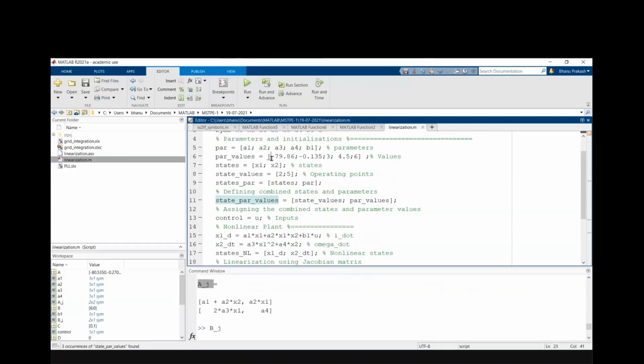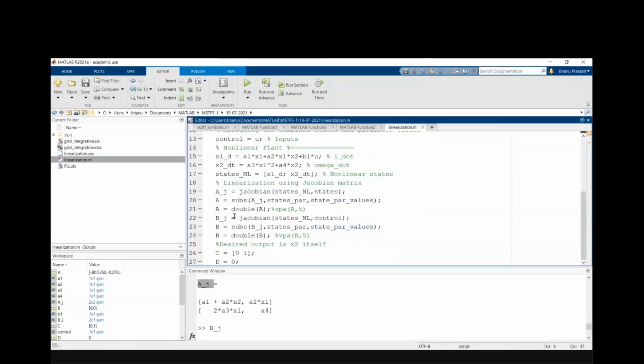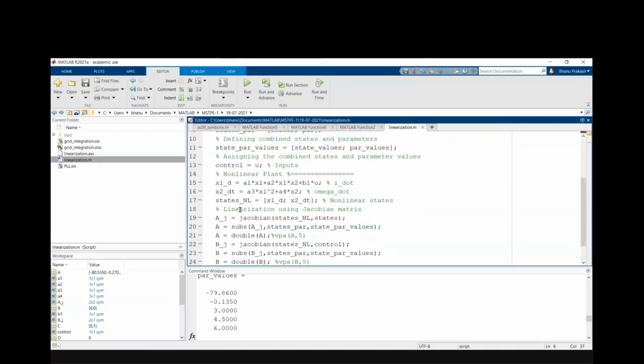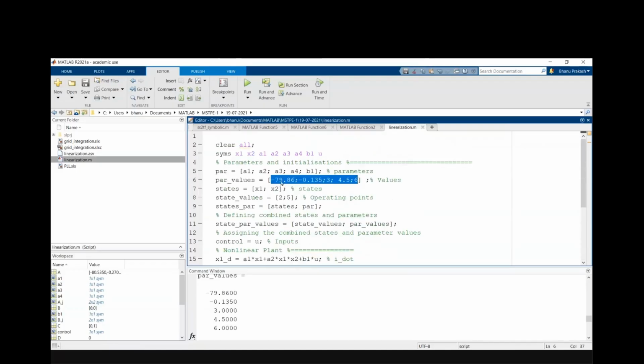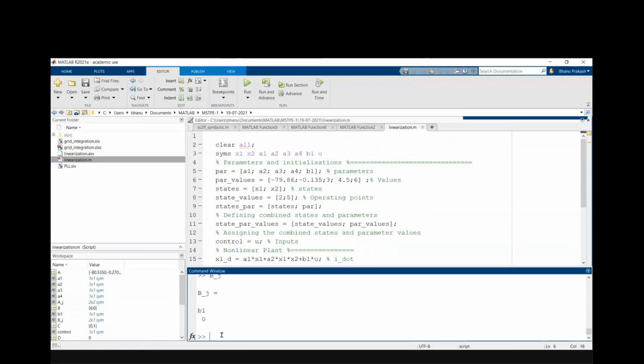See, parameter values, they are some constants. So these constants will be updated here. I mean, whatever A1 is there, instead of A1, it will be taking as minus 79.86. So similarly for A2, it is going to take some minus 0.35 like this. So in A matrix, you will get it as a constant value. If you type A, you will get some constant value here.